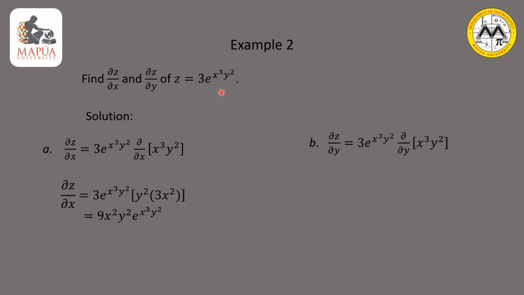And again, applying the rule to differentiate an exponential function of the form e to the u, whose derivative is e to the u du dx, then the partial derivative of z with respect to y is given by 3 times e to the x cubed y squared times the partial derivative of x cubed y squared with respect to y, giving us now partial derivative of z with respect to y equal to 6 x cubed y times e to the x cubed y squared.